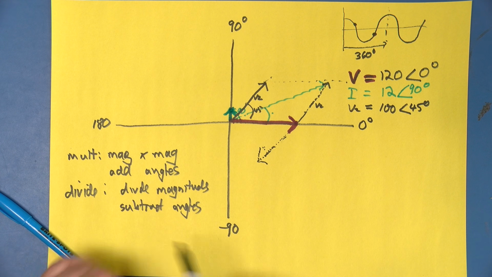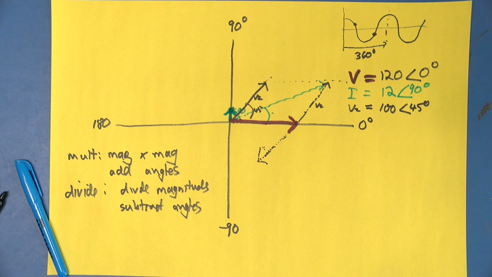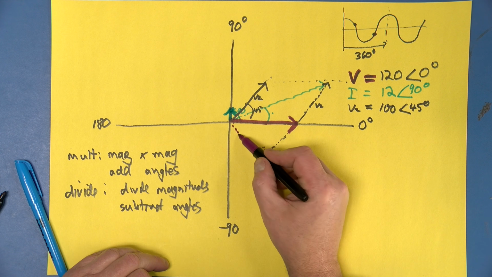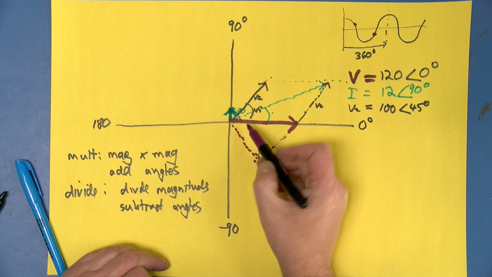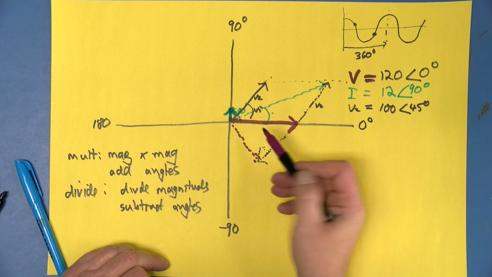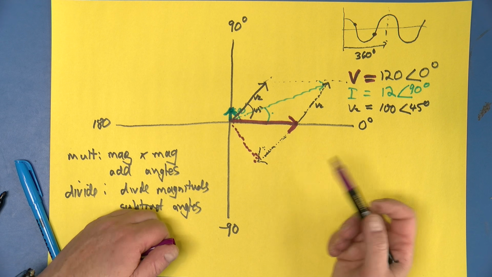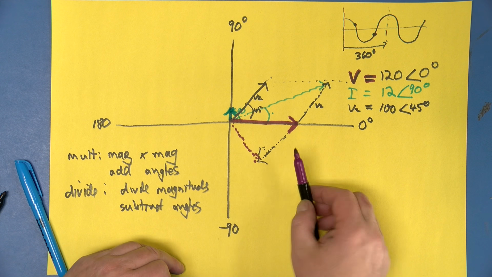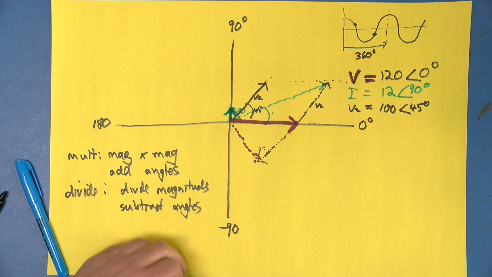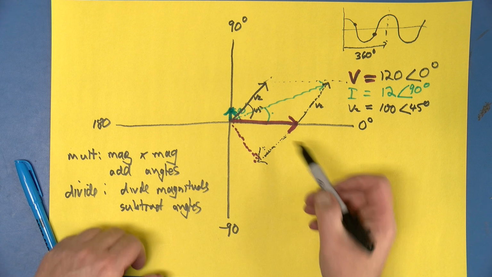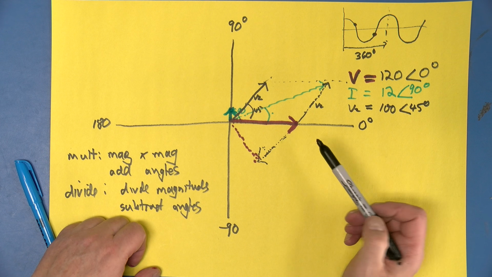Like that. And then our result will be, and once again we could use a protractor to measure the angle here, and use a ruler to measure the distance, and that would give us the subtraction of the two phasors. And that nice little online calculator does exactly that.